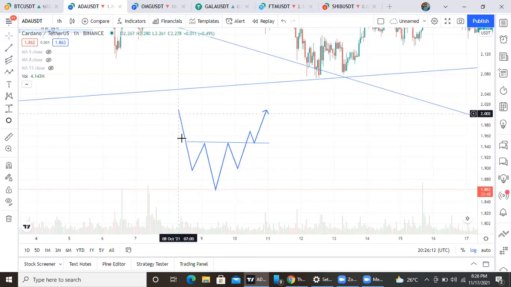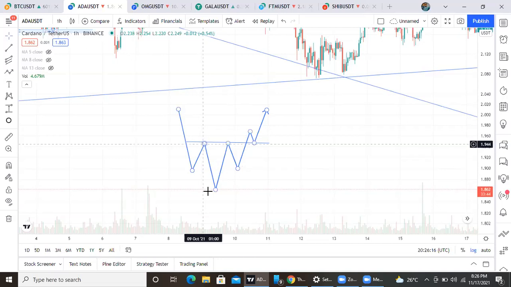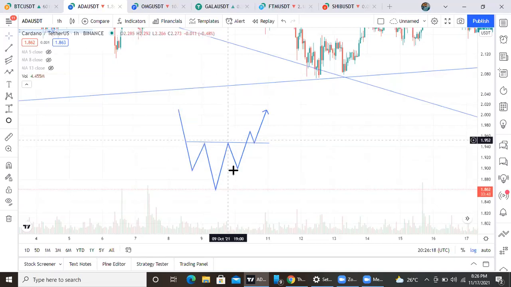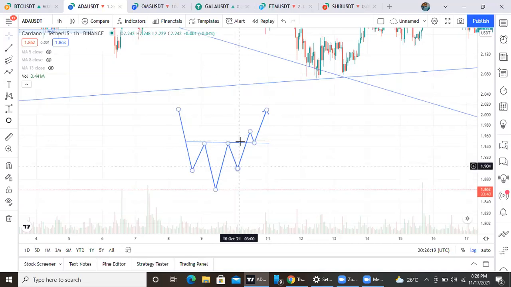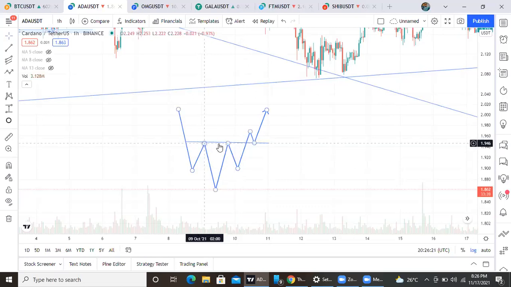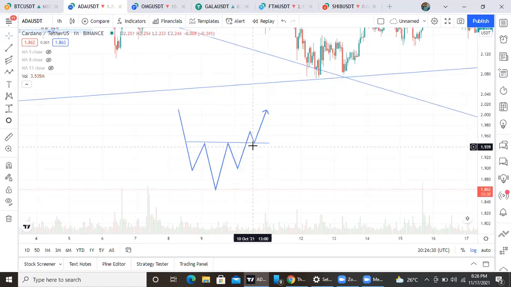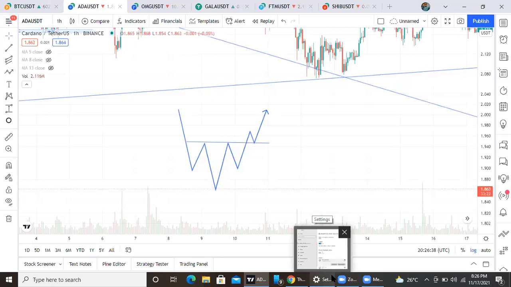First of all, you must identify the left shoulder, identify the head, and identify the right shoulder. Then connect the last two highs, which will be your neckline. Once this neckline gets broken, you're expecting a retest so that you can long this market. So that's how a simple inverted head and shoulder looks like.